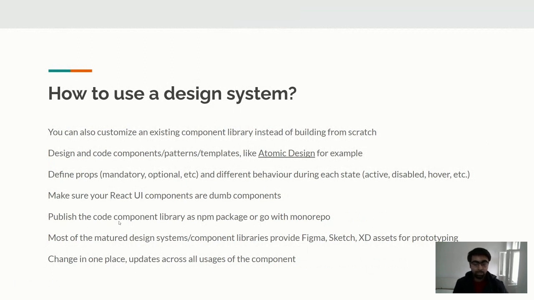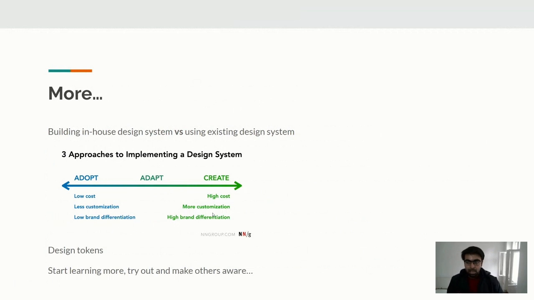You can publish the code component library that you created as an npm package, or go with a monorepo, and make sure the React UI components that you are creating in a design system are dumb components. By dumb component, I mean that they should not contain any logic. The logic should be in your code, and these are just for the UI patterns.